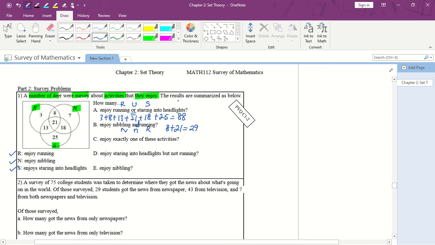You might ask why we don't take the whole thing. It's because now we are focusing on the intersection, whereas just now it was the union.